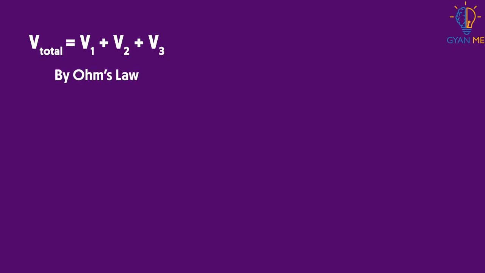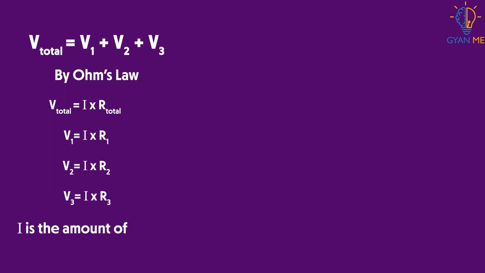By Ohm's law, V total is equal to I into R total. V1 is equal to I into R1. V2 is equal to I multiplied by R2. V3 is equal to I multiplied by R3, where I is the amount of current and R is the resistance.